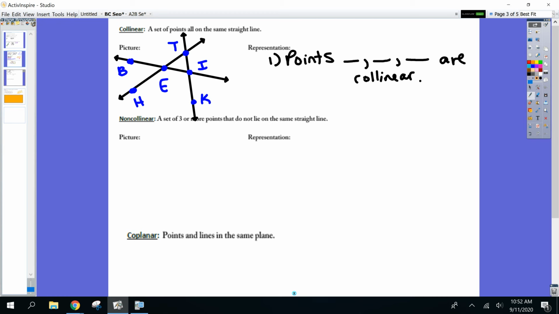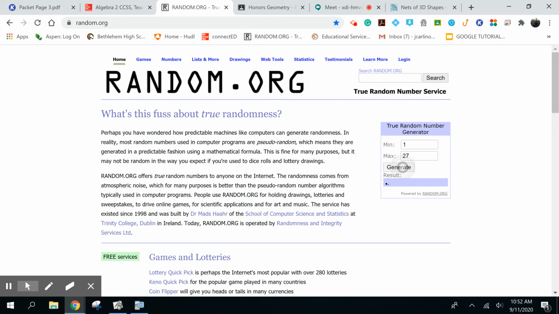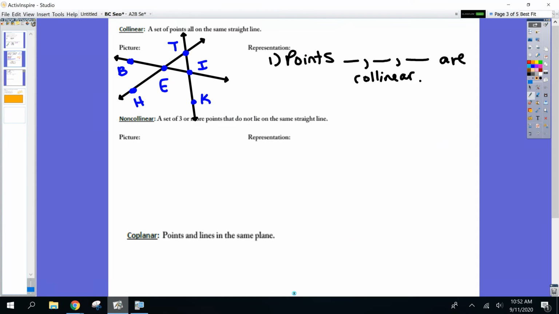Can you give me 3 points that you think are collinear? Ryan, what's your thoughts here? 3 points that are on the same line, collinear. So B, E, and I? Yep, perfect. Good job. B, E, and I are collinear.